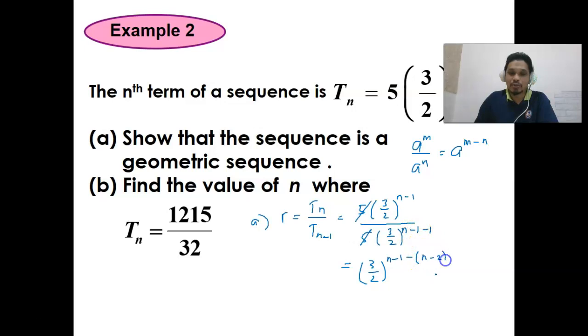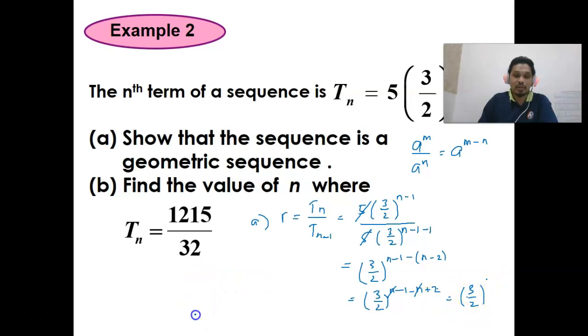Okay, so 3/2 to the power of n minus 1 minus n plus 2. n minus n, 2 minus 1 equal to 1, then it is equal to 3/2. Okay, so therefore, there's a constant of 3/2 here.